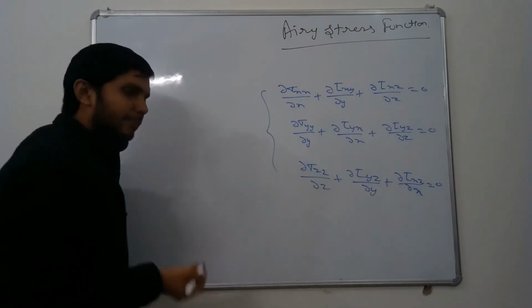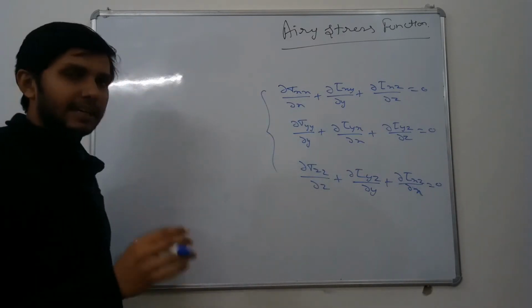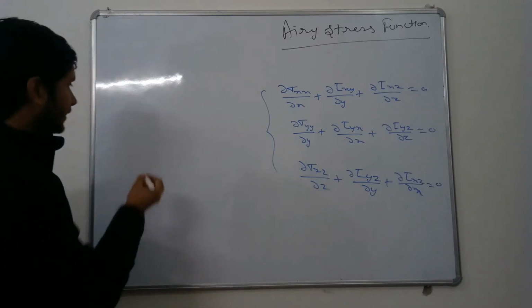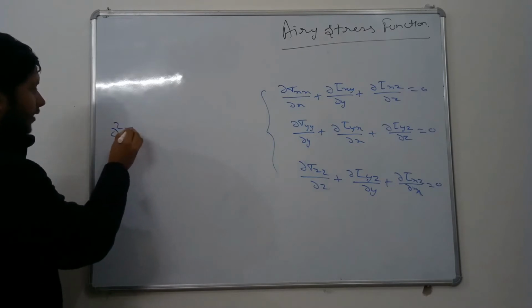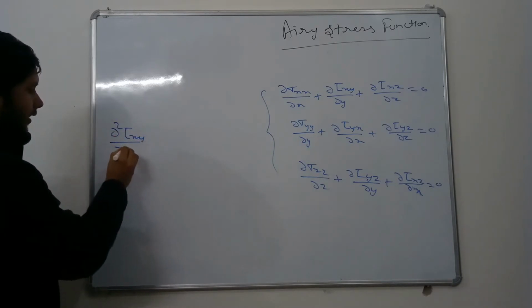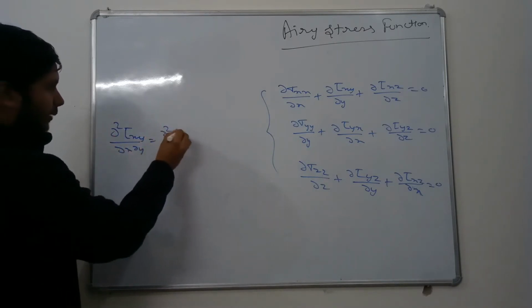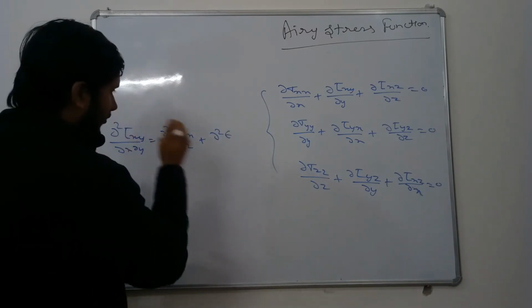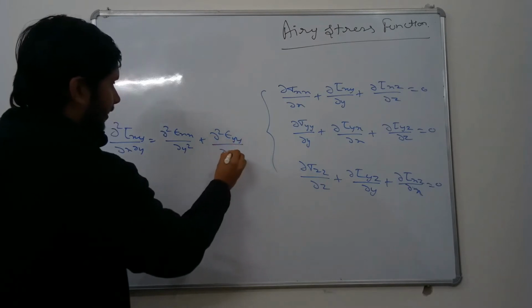The 6 compatibility equations are quite complex and you can't learn all of them, but the 3 starting equations are very easy. Those are del square gamma xy upon del x del y equal to del square epsilon xx upon del y square plus del square epsilon yy upon del x square.